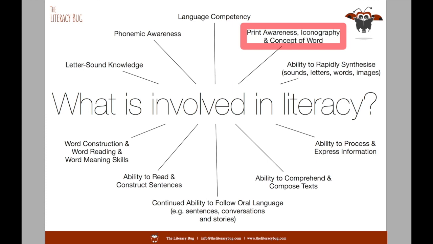So when they see that name, in my case my son's name is Liam, and they see Liam, and they go, that spells Liam. Then they won't draw a correlation at that time between the letters and the sounds and how those letters make up the word Liam, but they recognize that's my name.